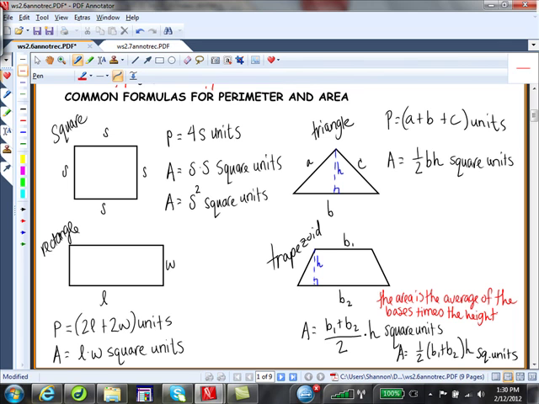Okay. Now the perimeter will just be equal to the sum of the sides.